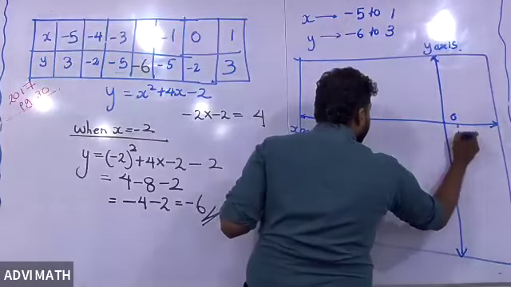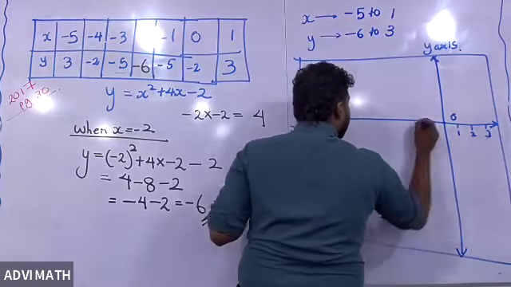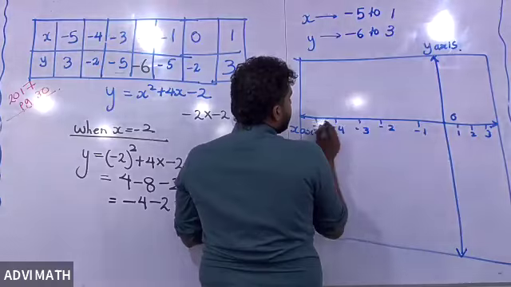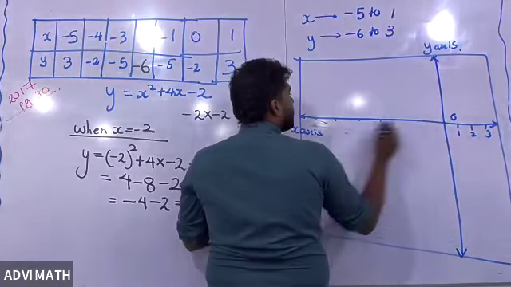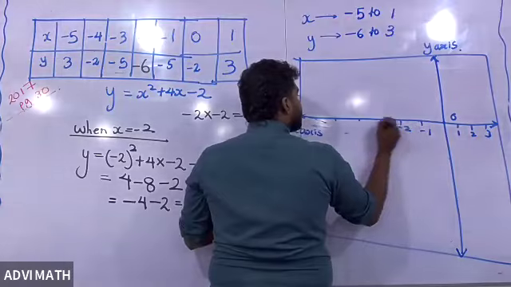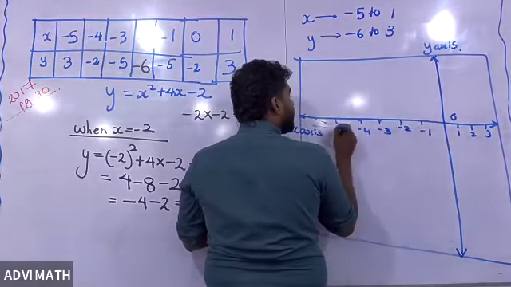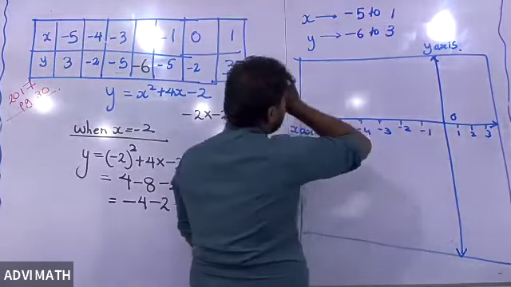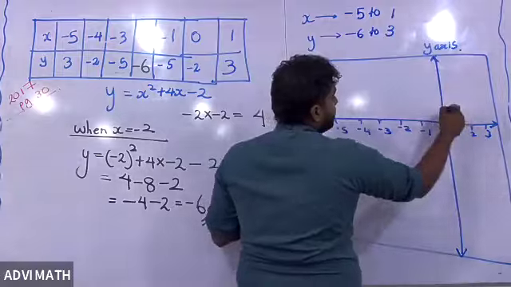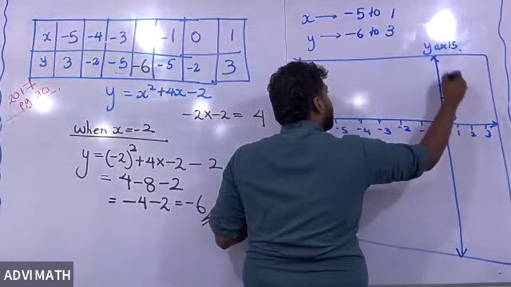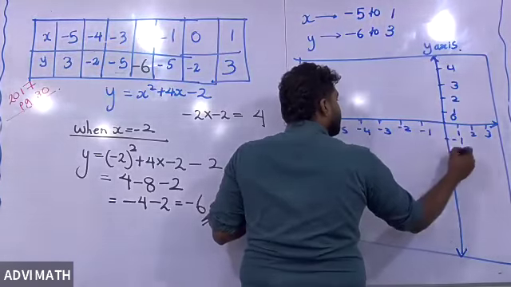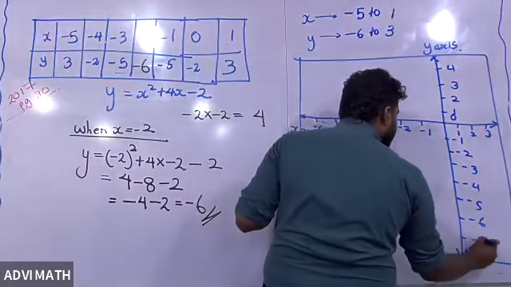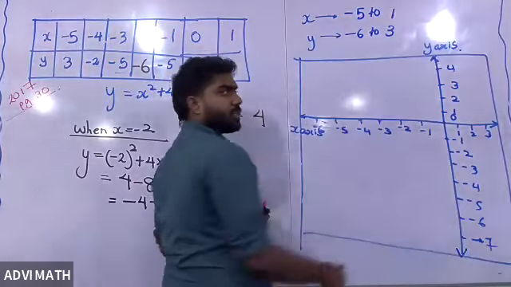Now mark the coordinates 1, 2, 3, -1, -2, -3, -4, then -1, -2, -3, -4, -5, -6. Then I'm taking what? This one. 1, 2, 3, 4, -1, -2, -3, -4, -5, -6, -7. Until again I'm drawing it.